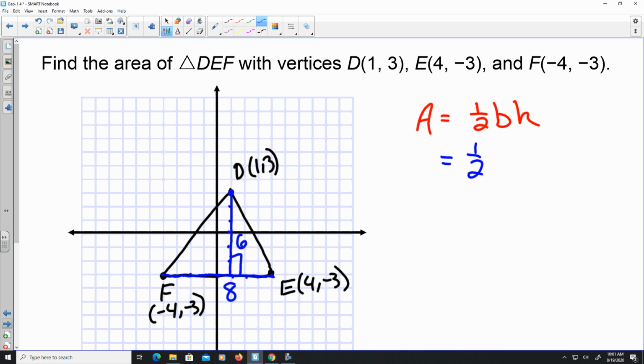So it's going to be 1/2 times the base, which is 8, times the height, which is 6. So 1/2 times 8 times 6 gets us a value of 24, and since it's area, it's going to be square units.